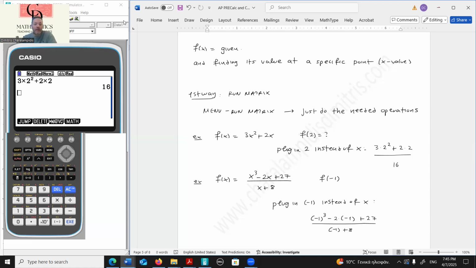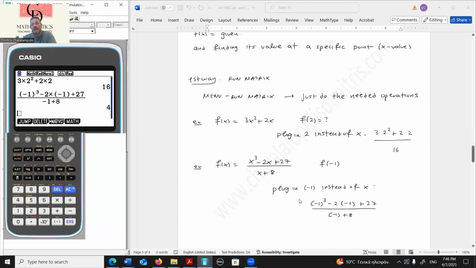I carefully apply all the needed brackets: open the bracket, -1, close the bracket, to the power of 3, minus 2 times bracket -1, close the bracket, plus 27 over bracket -1 plus 8.